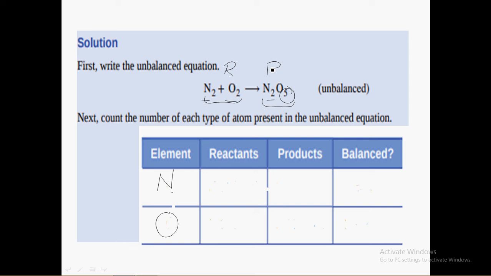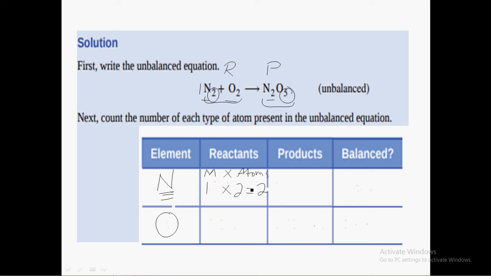So we write here the number of molecules times the number of atoms, as we told before. Number of molecules is 1 times number of atoms of nitrogen 2. 1 times 2 is equal to 2.